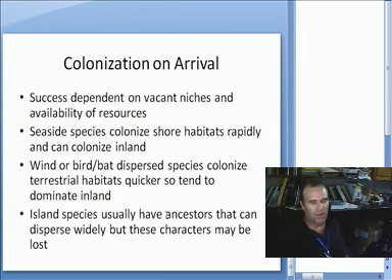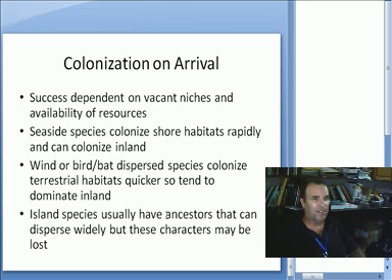I just want to talk a little bit at the end here on colonization on arrival. Once the organism has managed to get across the ocean and land on the island, it's not safe yet. It has to establish itself on the island. It has to be able to survive on that island.